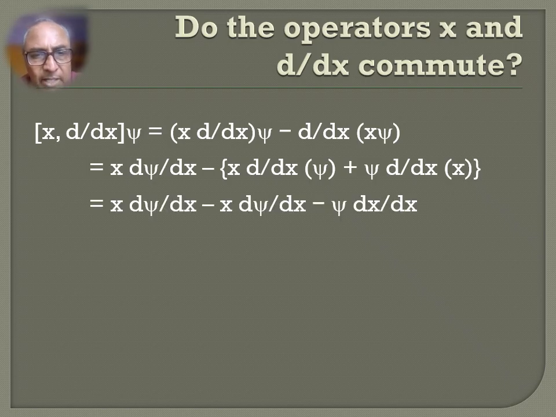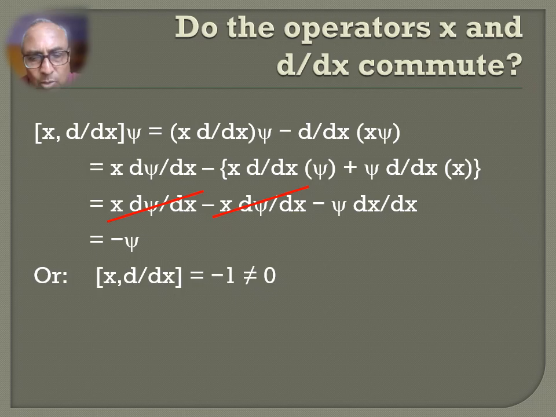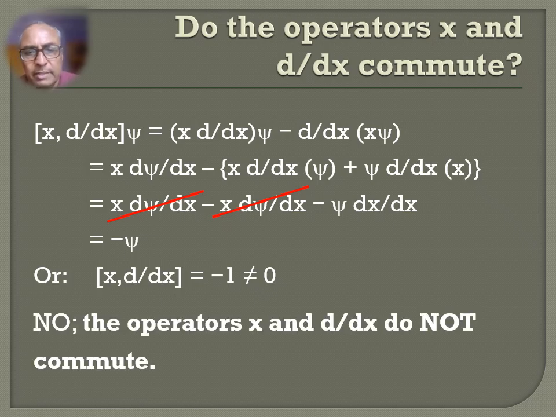This gives x times d psi by dx minus x times d psi by dx minus psi times dx by dx. The first two terms cancel out and dx by dx is equal to 1, and therefore this gives minus psi. In other words, the commutator of x and d by dx operating on psi gives minus psi, or the commutator of x and d by dx can be said to be equal to minus 1, which is not equal to 0. So, no, the operators x and d by dx do not commute.